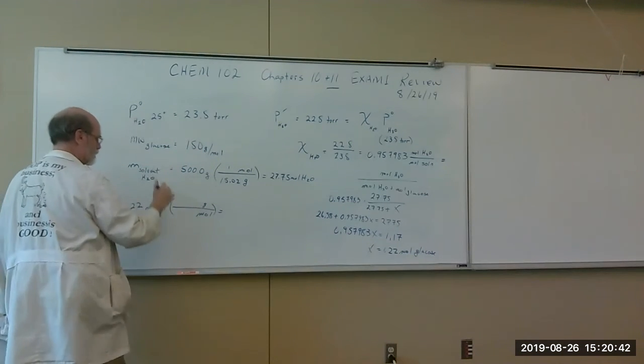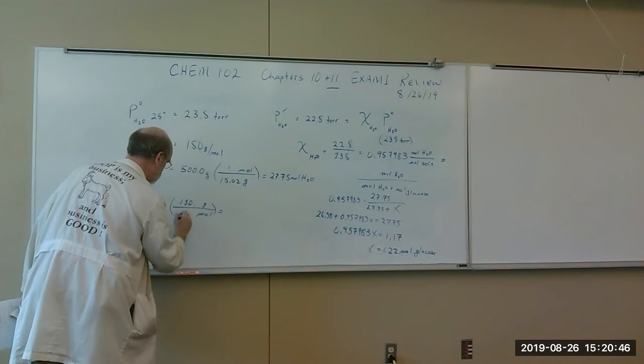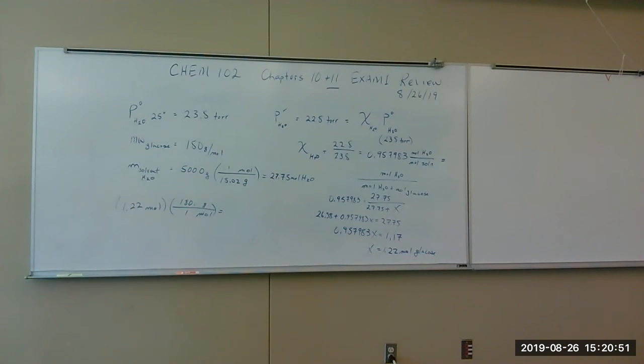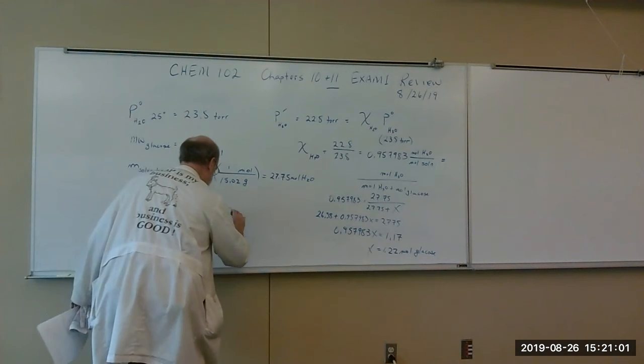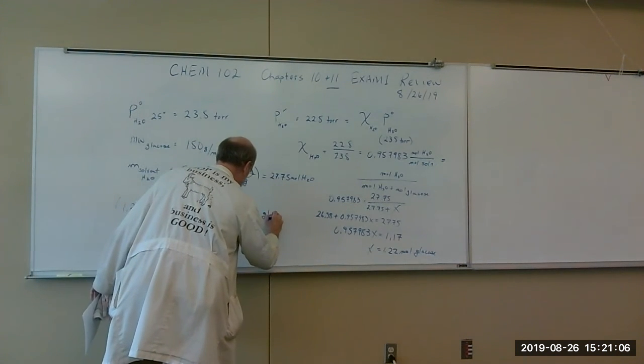Here's our conversion factor. 180 times 1.22, which is 220 grams of glucose.